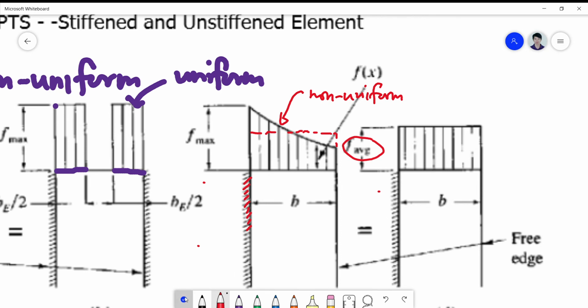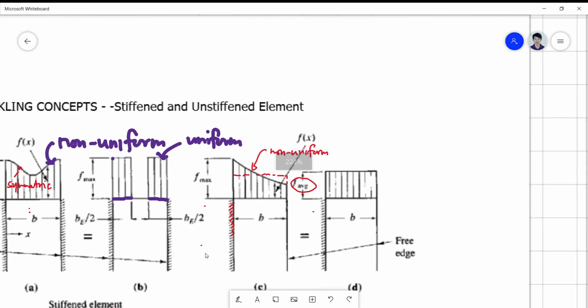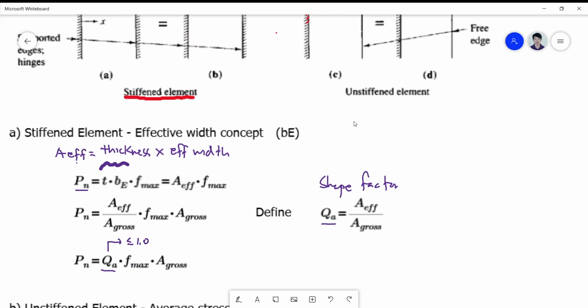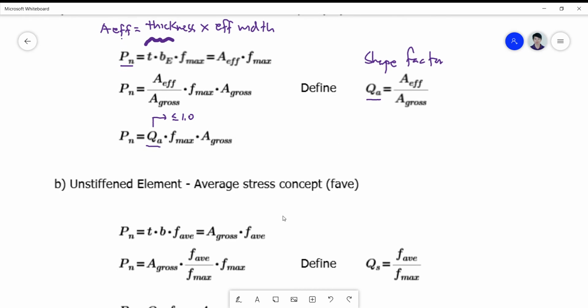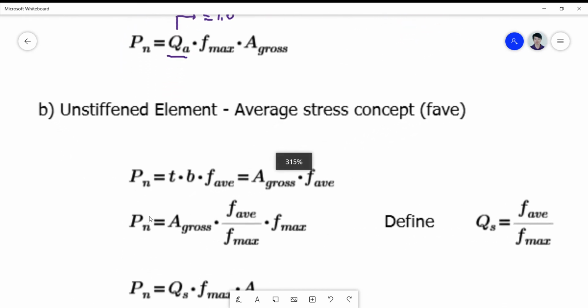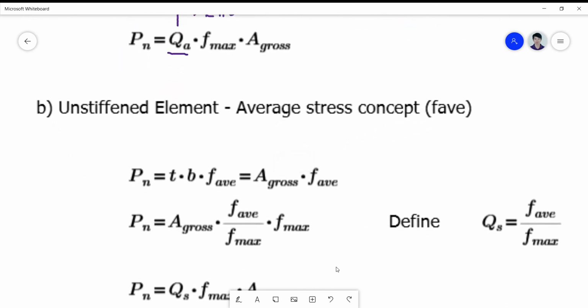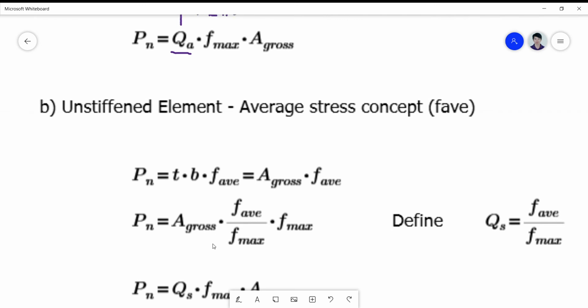Your derivation is represented by this formula, where the nominal actual load is equal to the gross area multiplied by the F average.